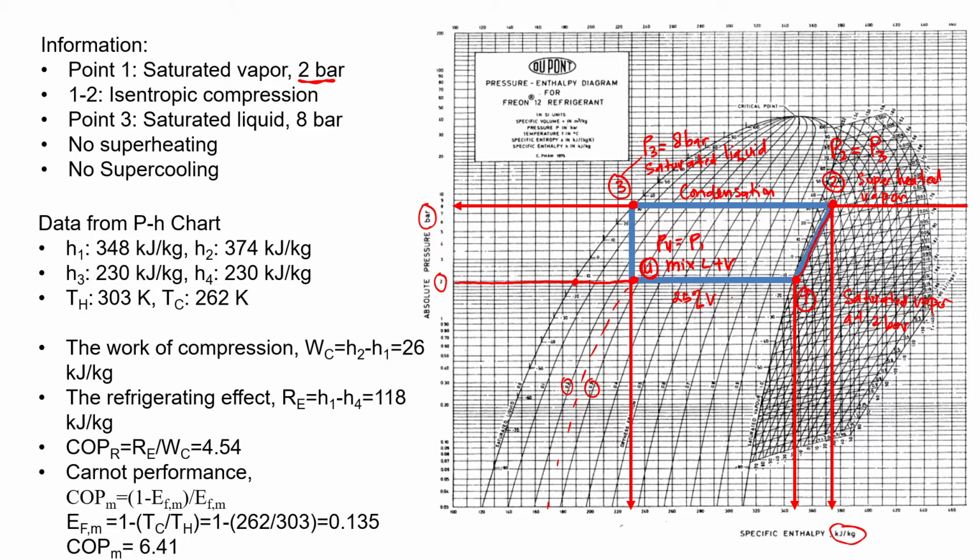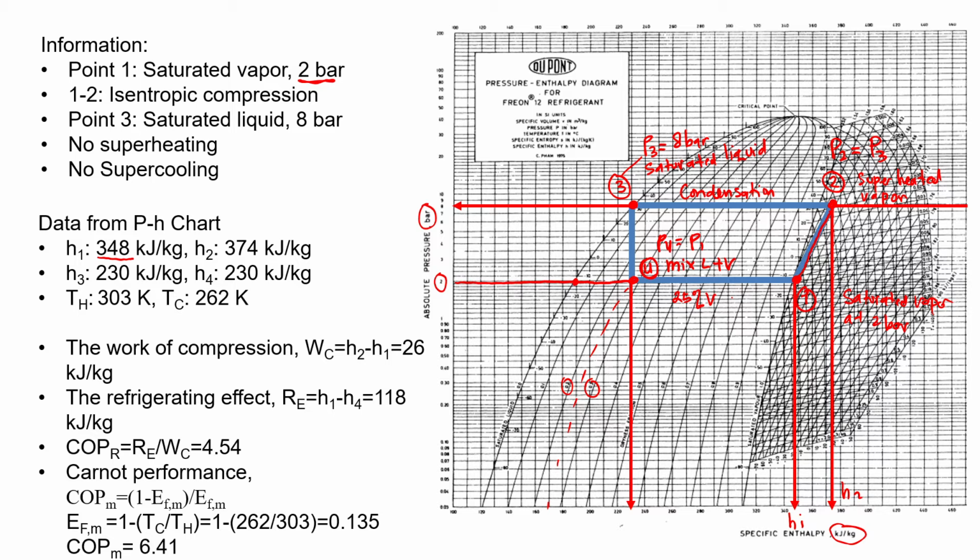Okay, that's the condition. Next, we look into the data and find the enthalpy at each point, starting from H1. This is the point, then this is H1. Then this is H2. H1 I already checked here, more or less 348.